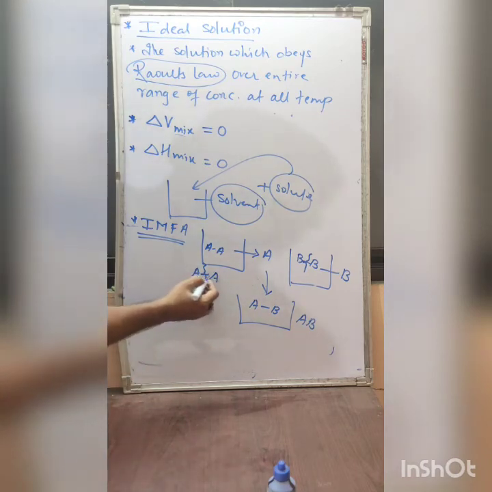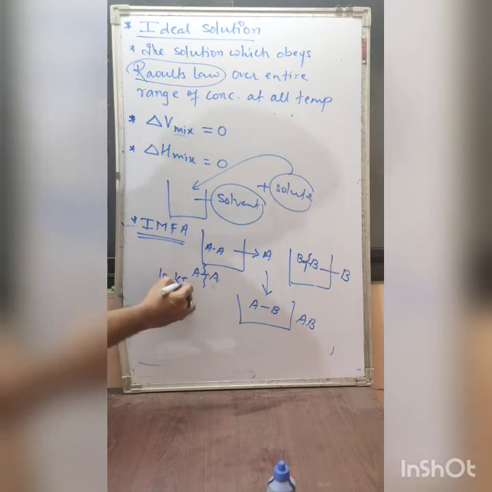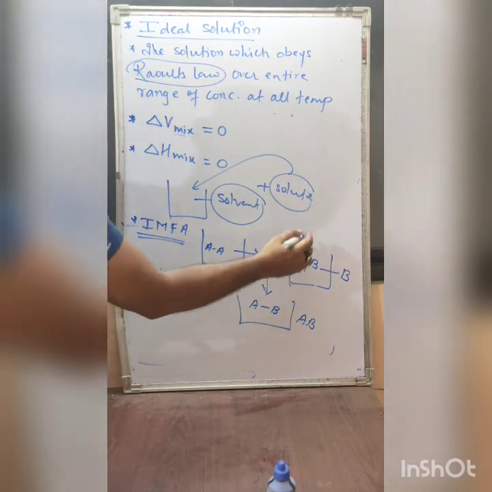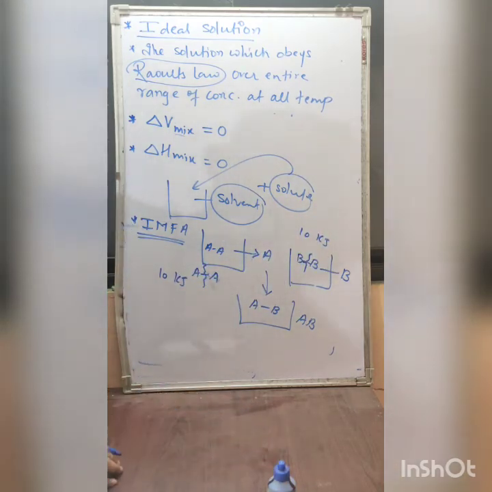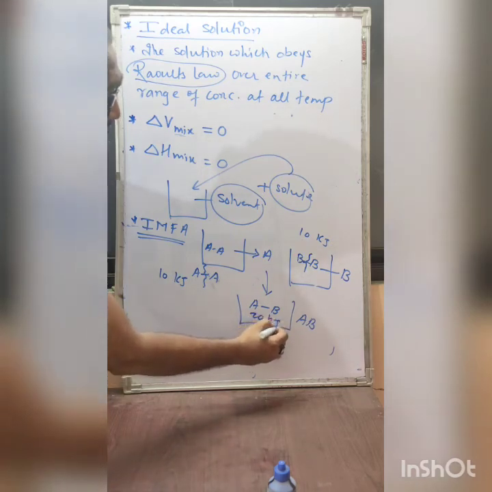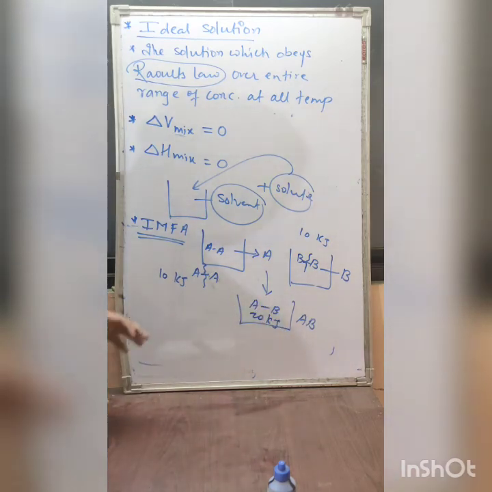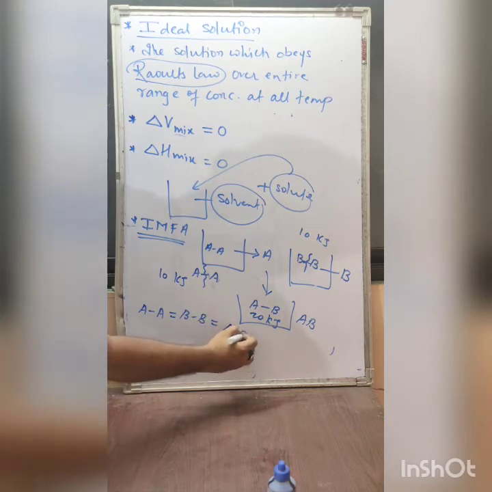Suppose for the breaking of the AA bond it requires 10 kilojoules, and for the breaking of the BB bond we also require 10 kilojoules. So in order to form the AB bond, how much energy do we require? 20 kilojoules. Okay. So here the intermolecular force of attraction of AA is equal to BB, which is equal to AB.